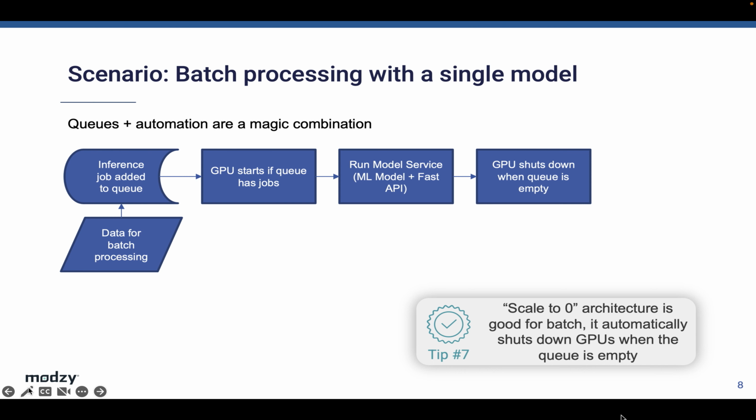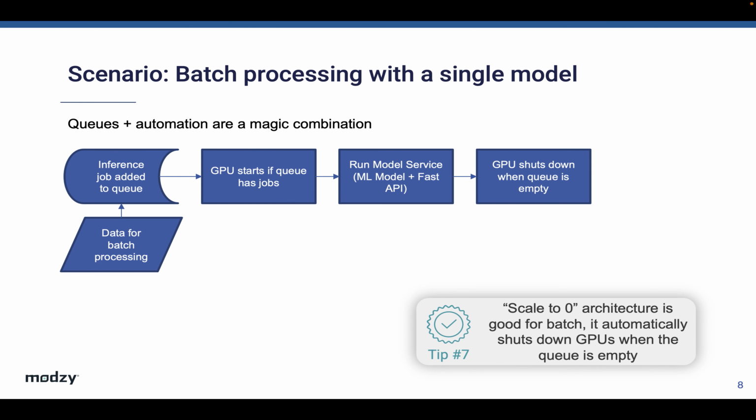This would typically be in the cloud, AWS or Azure, or Google Cloud if that's your cloud provider of choice. And then again host that model service. Here we'll again have a machine learning model that's just wrapped with FastAPI. And finally, once the queue is empty, once this queue has been drained of all its jobs, you can then shut the GPU down.